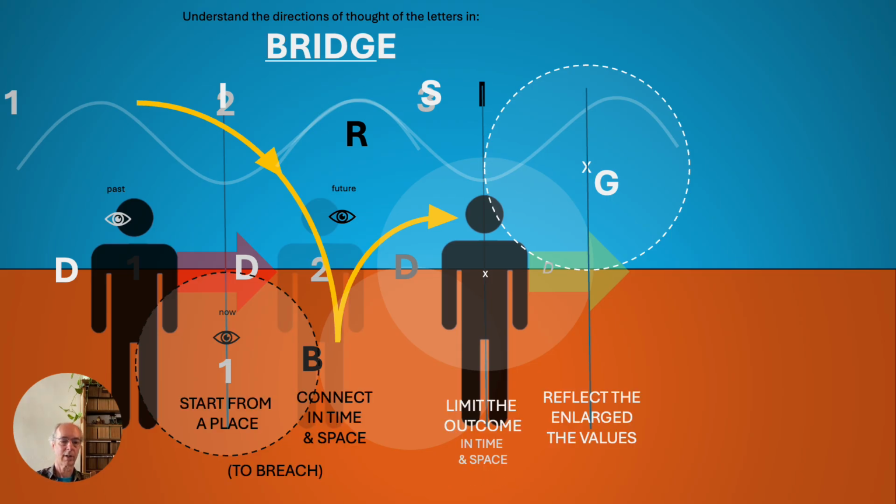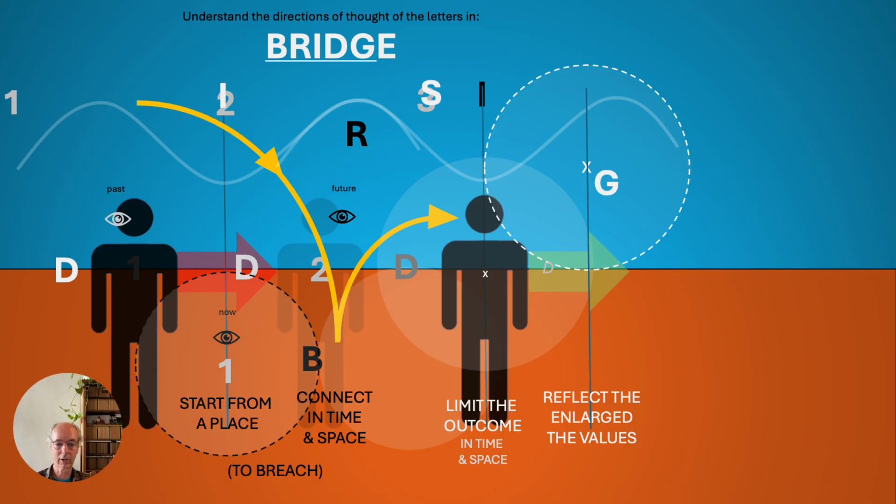More concrete, I will start with B, from a place, of course, from the focus upon place, and I will breach that place also, and then with the R, I will connect in time and space. First 9 letters are about space, the next 9 letters are about timing, and the last 9 positions are about time and space focuses and limitations and frames that you can find.